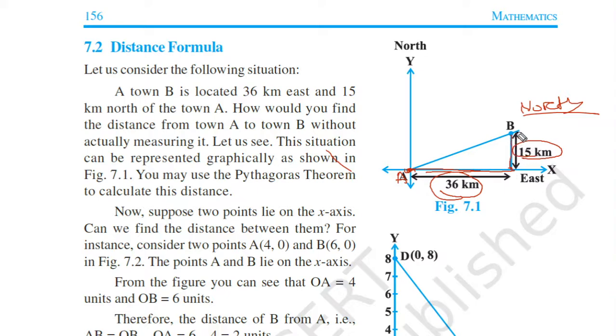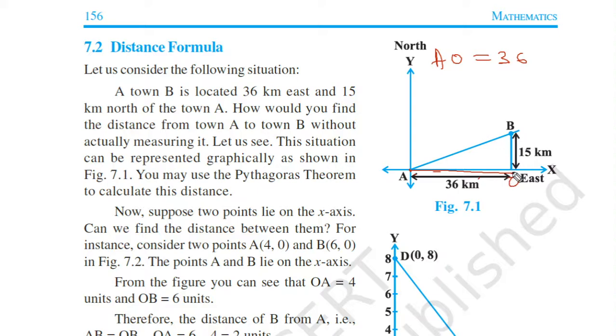Now you stop moving at point B. What is the distance between your starting point A and your current position B? You can clearly see here, you started from A and moved towards, suppose this point is O. The distance AO is equal to 36.